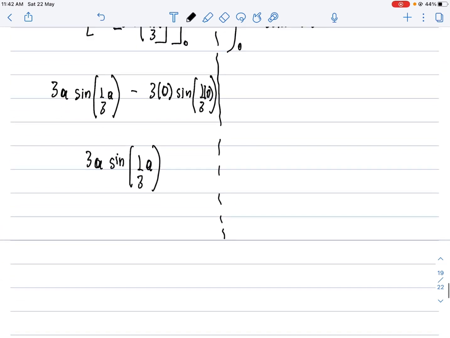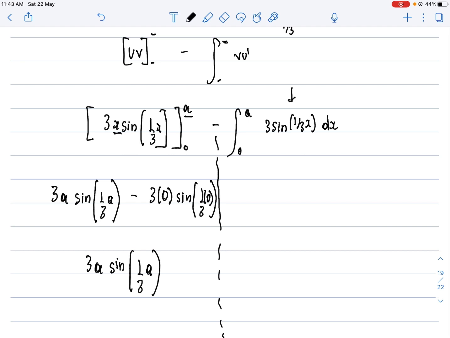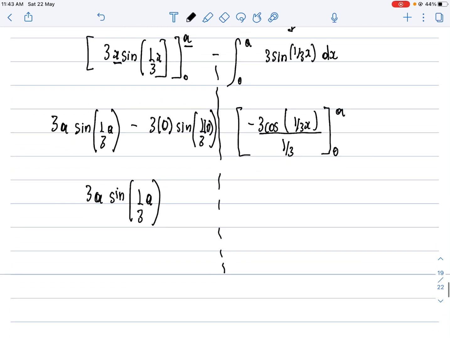Now I need to integrate this. The integration of sine, I know, is minus cos. So this is minus 3 cos of 1 over 3x over 1 over 3 with the limits 0 and a. I can write this as minus 9 cos 1 over 3x with the limits 0 and a.